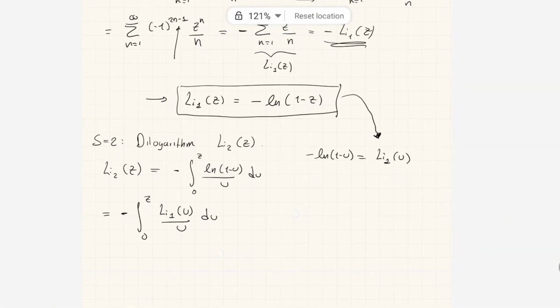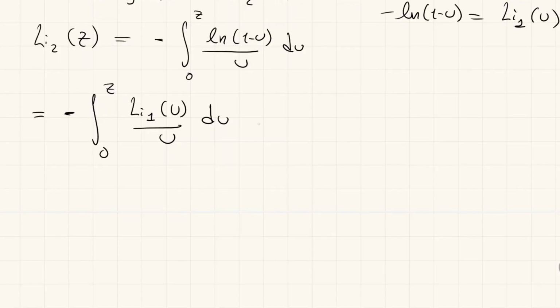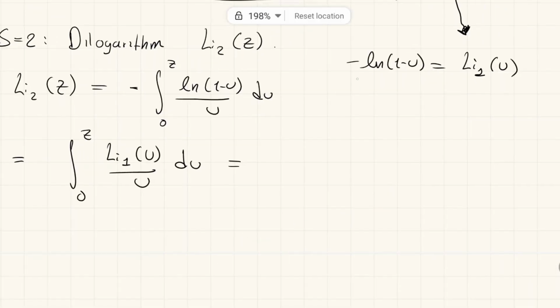Okay, but now using the other definition that we have for Li sub 1 of u, this is going to be equal to negative, actually no, there is no negative sign, because this is equal to this, so there is a plus, okay?